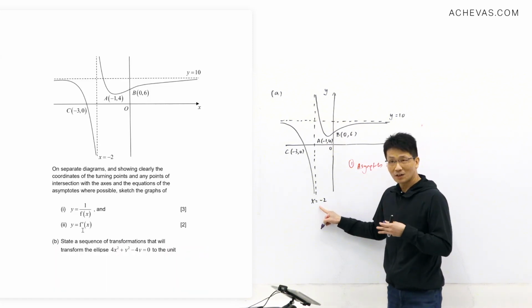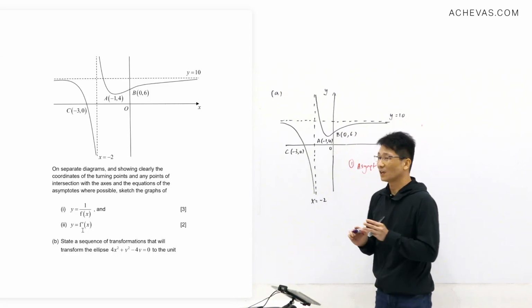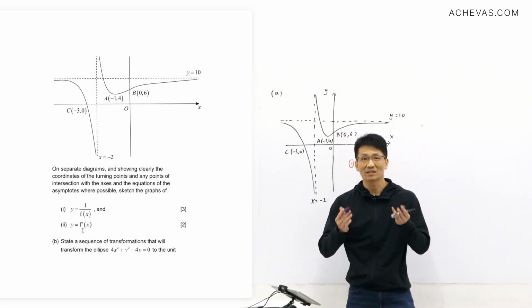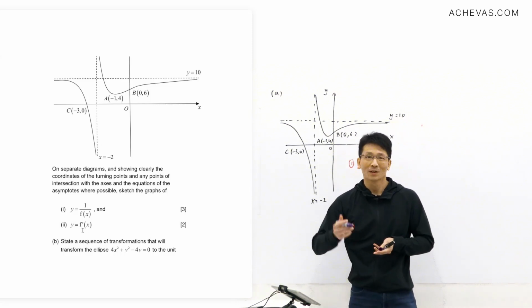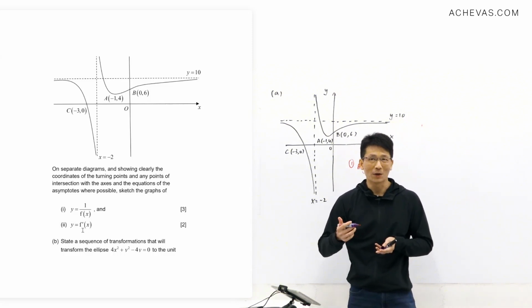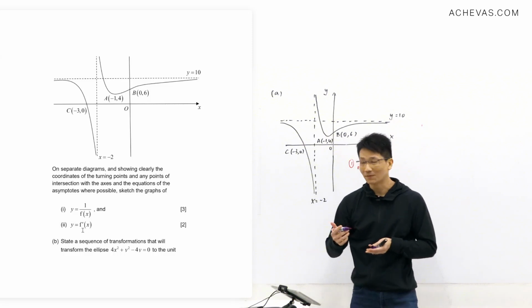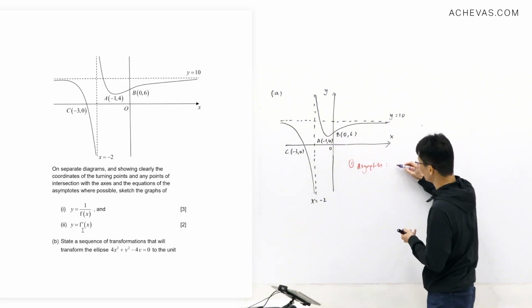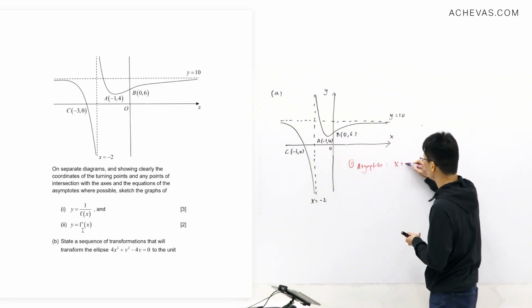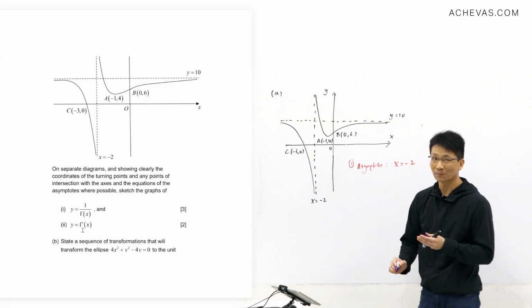The first thing that we will look at will be the vertical asymptote. For the original curve, they say x equal to minus 2 is the original vertical asymptote. The definition of a vertical asymptote is the value of x that causes y to be undefined. So if it's undefined for y equal to f(x), it will also be undefined for the gradient curve. So again, we will have a vertical asymptote x equal to minus 2.